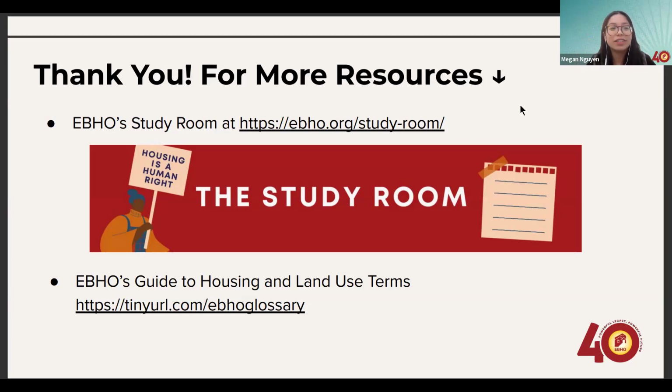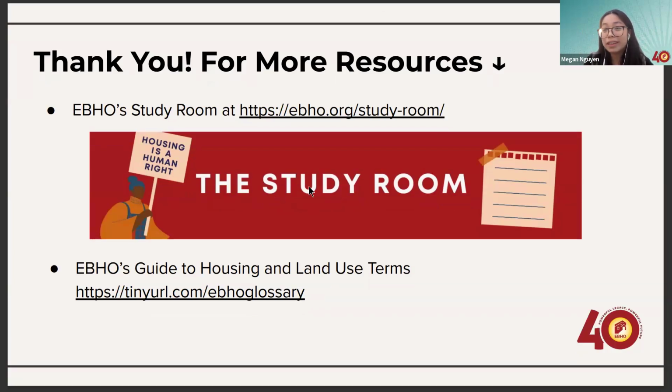Those are all different nooks in our study room. EBHO also has a glossary of housing and land use terms, which covers all the terms that we discussed here and more. We probably didn't cover half, because there are a lot of terms in the glossary. My colleague Angelina is putting the links in the chat. Please feel free to bookmark them and use them. That's what they're there for.